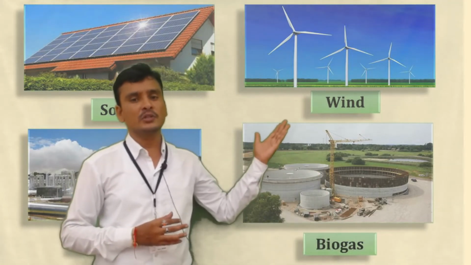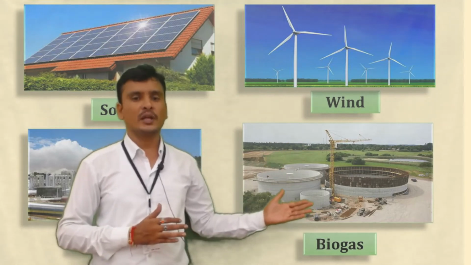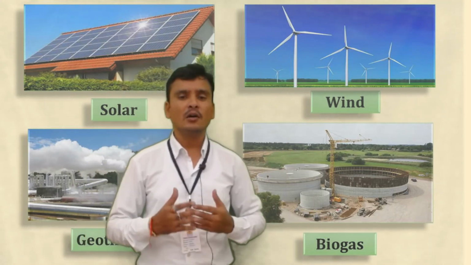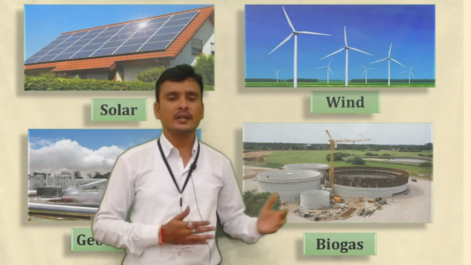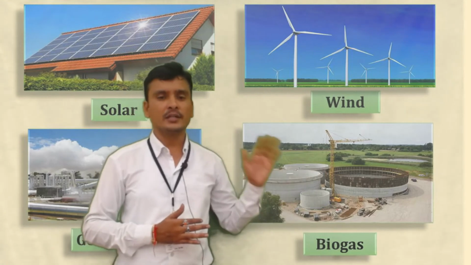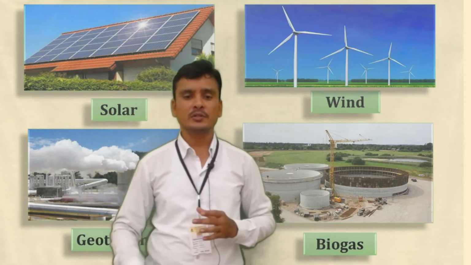Then wind also is a continuous source of energy. And biogas, nowadays many people are using biogas, where human waste, animal waste and kitchen waste are converted into energy. So these are some examples of non-conventional sources.